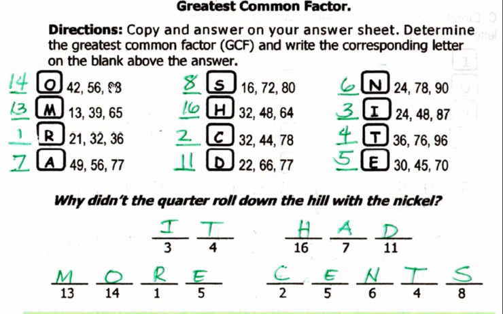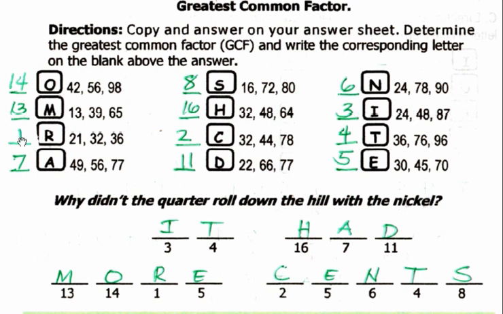And the answer is 14. We're done with O. We move on to box M. Given numbers 13, 39, and 65. Well, these 13, 39, and 65 are multiples of 13. So the greatest common factor is 13. For box R, 21, 32, and 36, there is no common factor between 21, 32, and 36 other than 1.